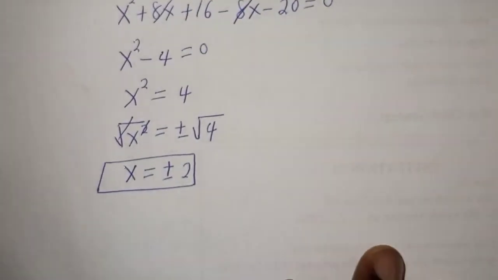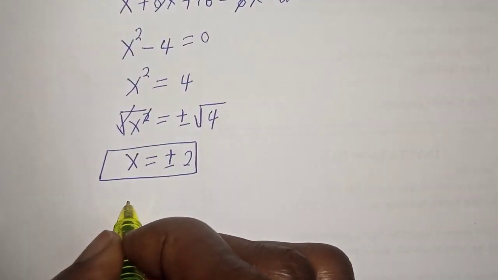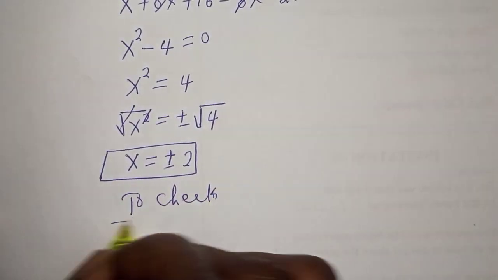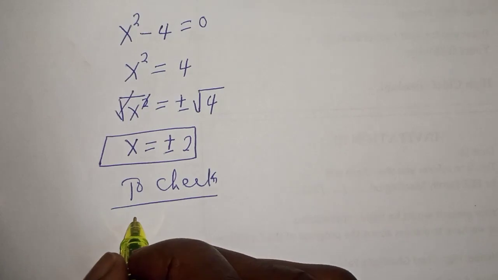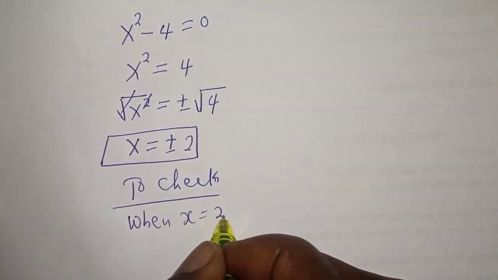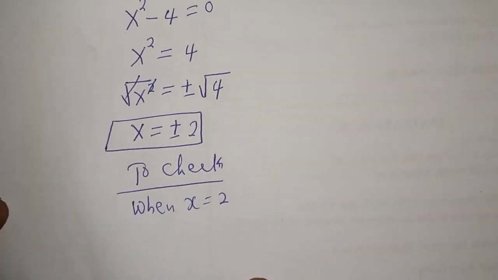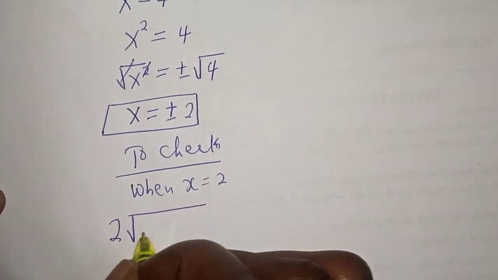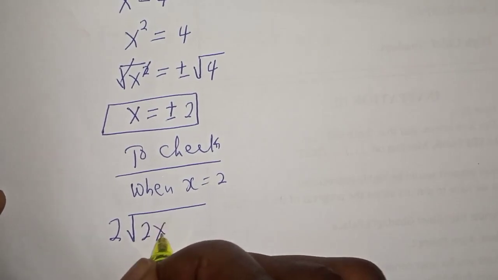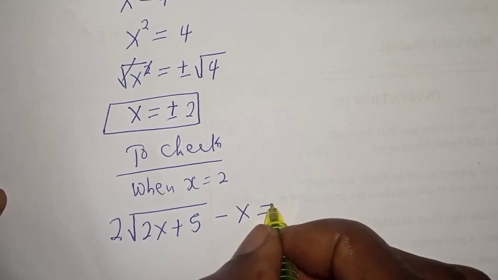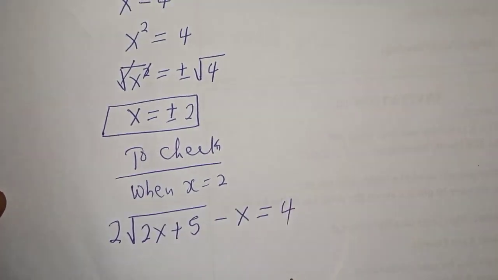Let's check to confirm our answer. To check, when x is plus 2, we have 2 square root of 2x plus 5 minus x must be equal to 4.